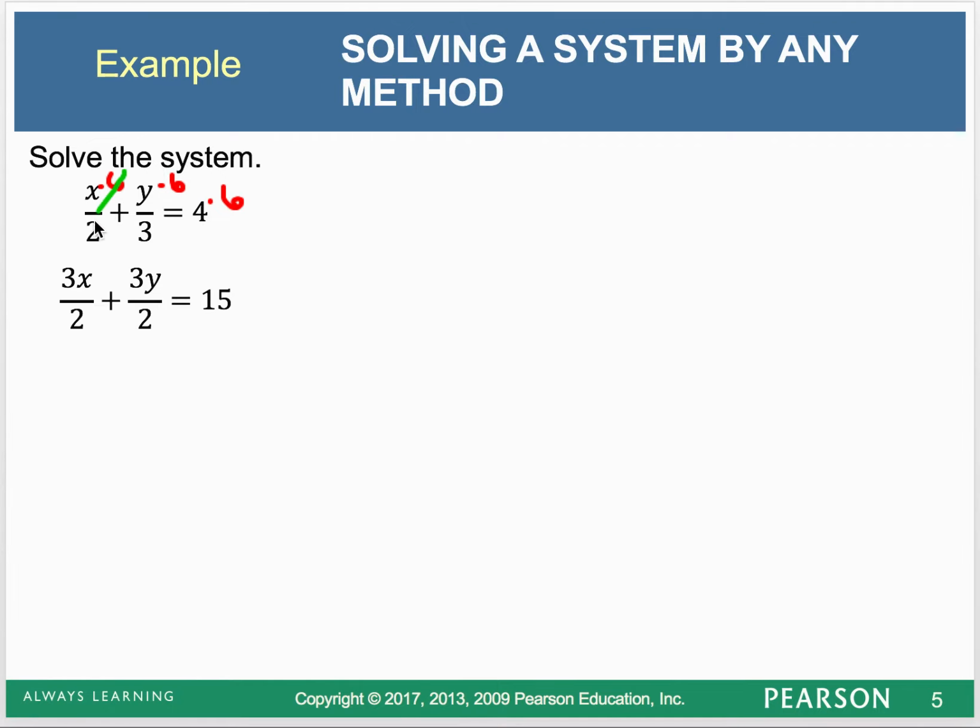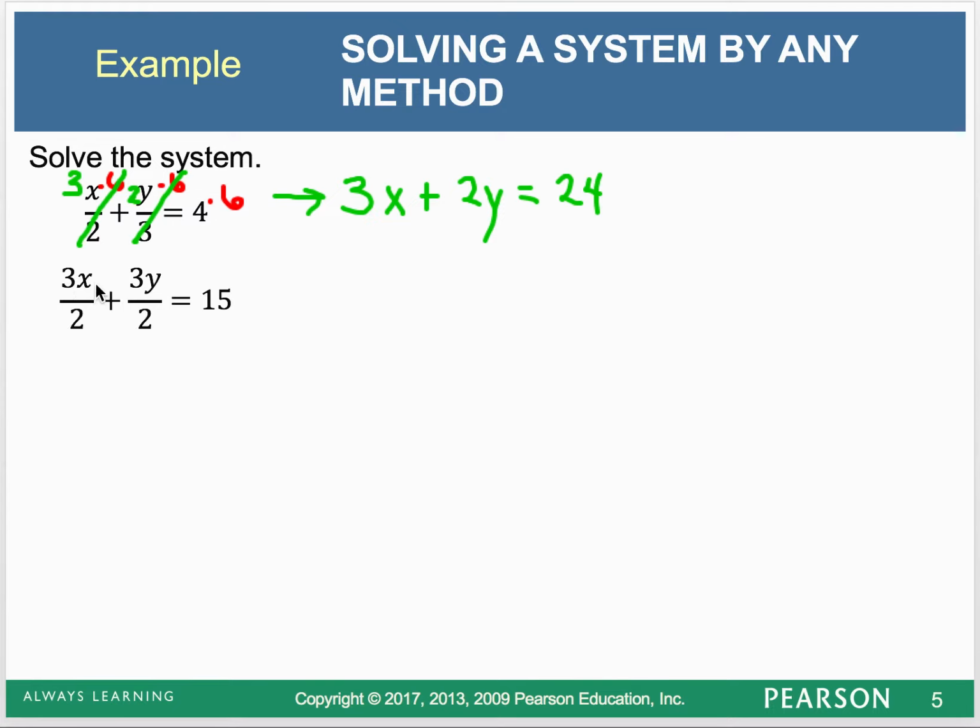That means 6 divided by 2 is 3. 6 divided by 3 is 2. So this equation would be 3x plus 2y equals 24.